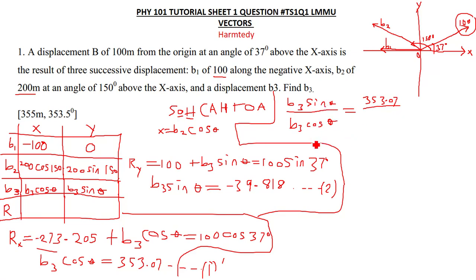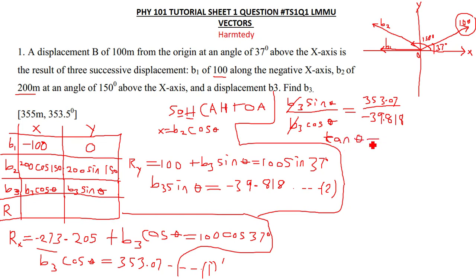So you just divide these two, then you divide their corresponding values on the right. So on this other side we have negative 39.818. If you want, you can just say negative 39.82, still the same. You can see that b3 and b3 will go. Sine theta over cos theta gives us tan theta.